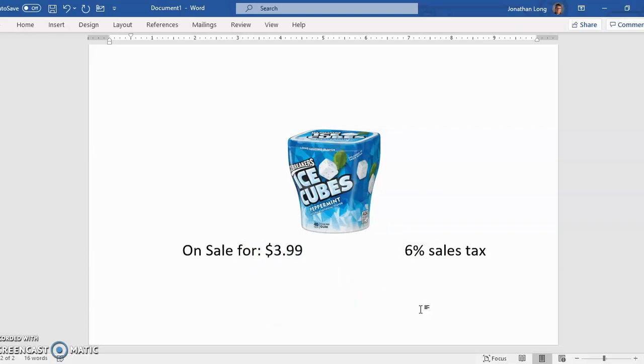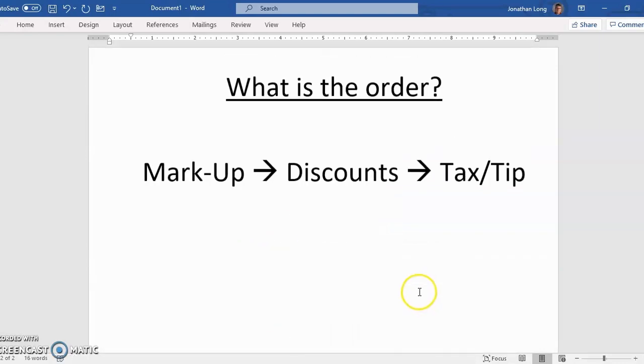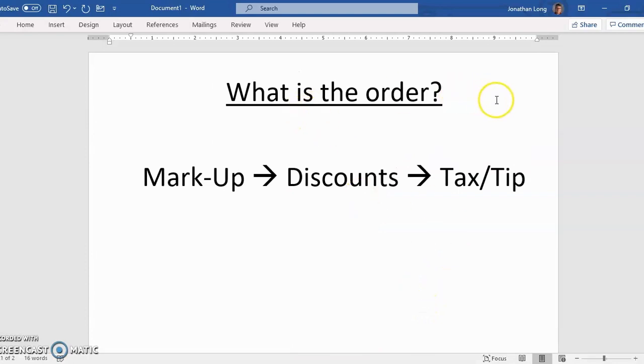So let's take that out. What does all this mean? Here's the short list of what's the order. If there are a couple things at play, discount, markup, tax, tip, we have to keep in mind that the markup had to happen first, or else we wouldn't actually know what the cost of the item is. If you think about when a product leaves the factory and ends up at our house, what does it go through first?